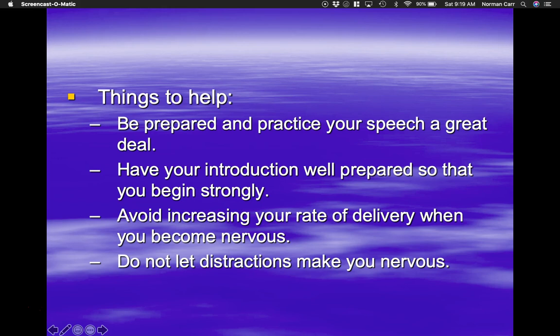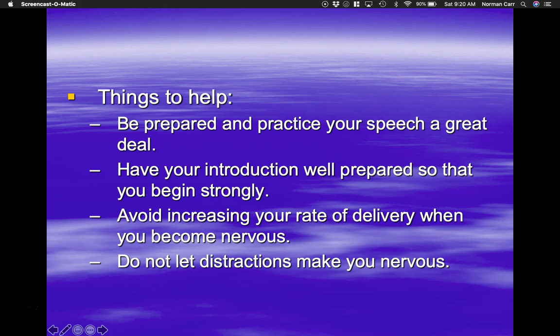Just regather yourself real quick and then go back at it. No one's going to think any less of you. Remember, we've talked about this before. Everyone's in the same boat. We're all here to support one another. So just do the best you can to keep that rate constant, but not too fast, yet not too slow.